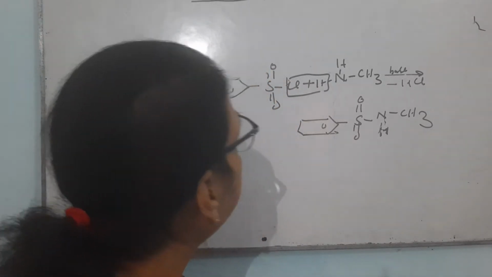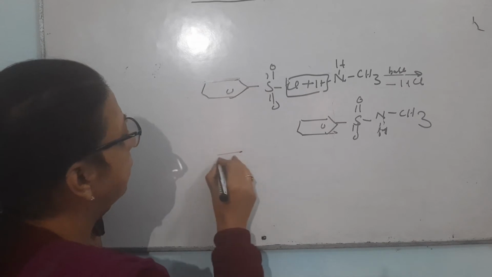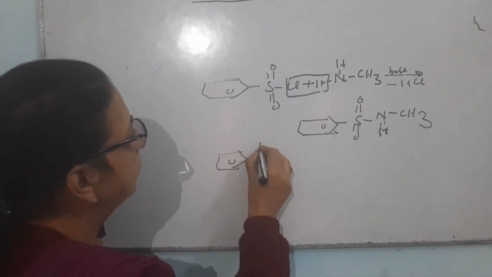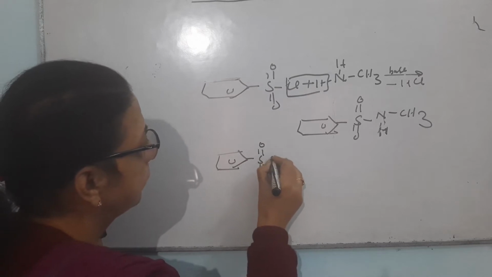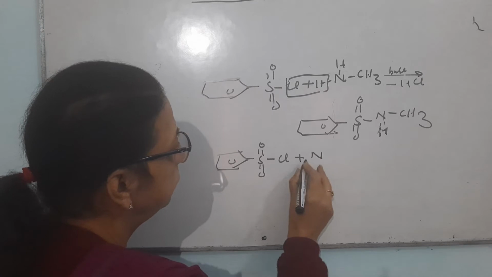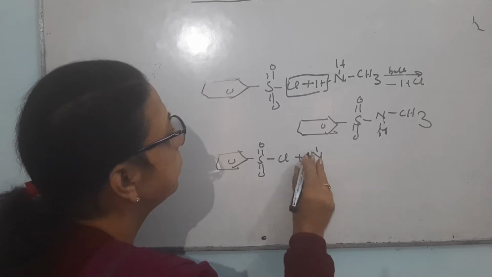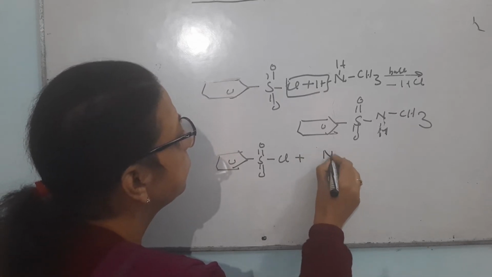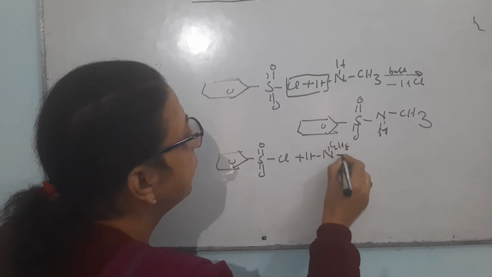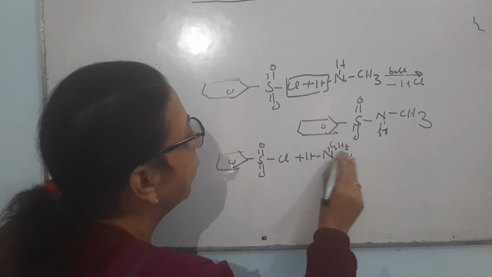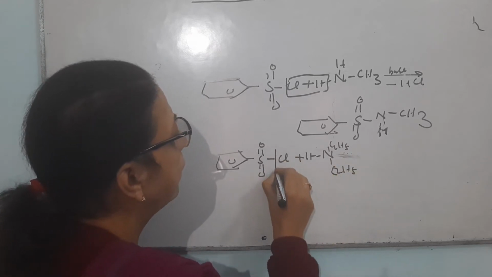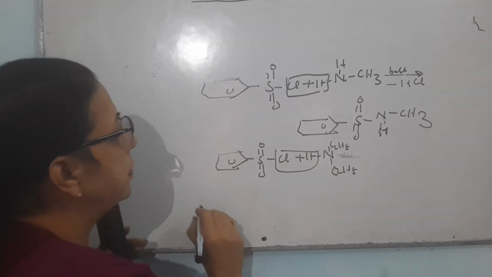But if the same test is done with a secondary amine, benzene sulfonyl chloride with C2H5, NH, C2H5, again there will be removal of HCl.